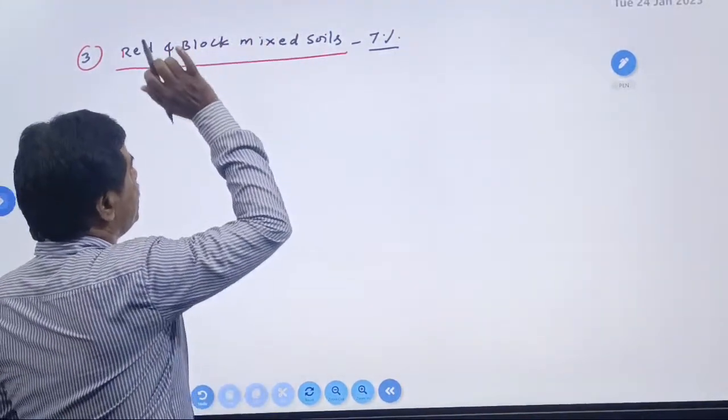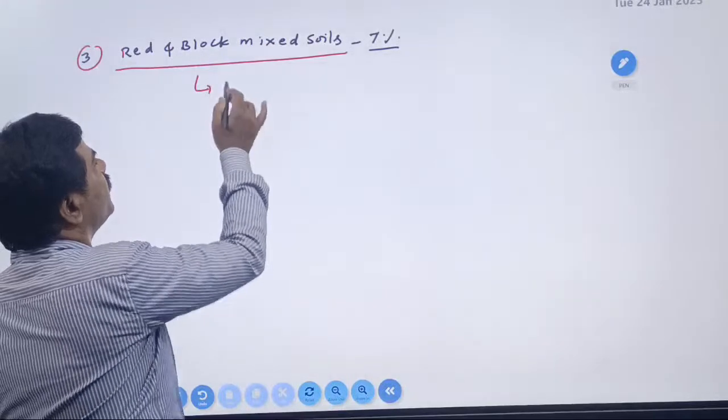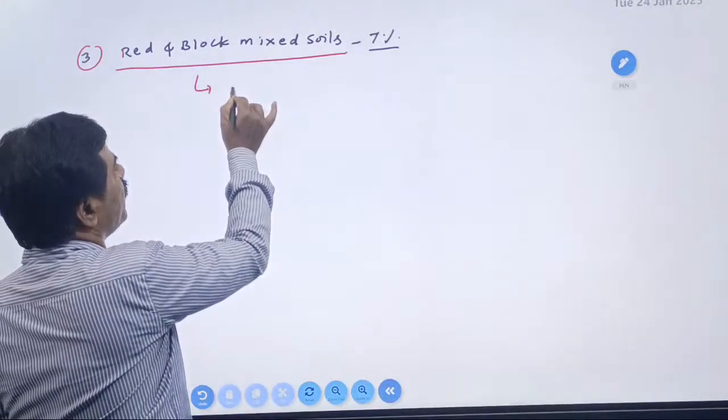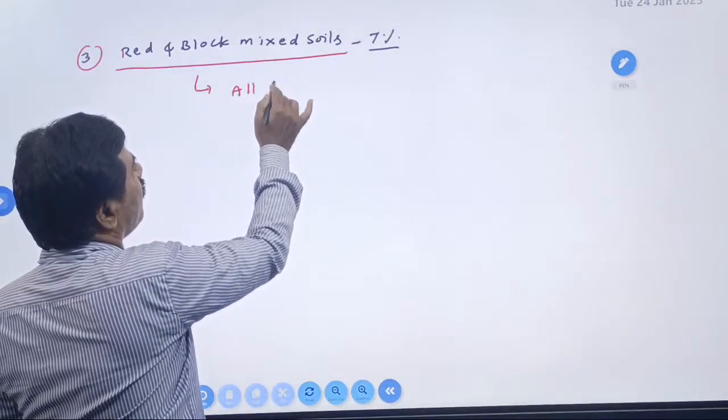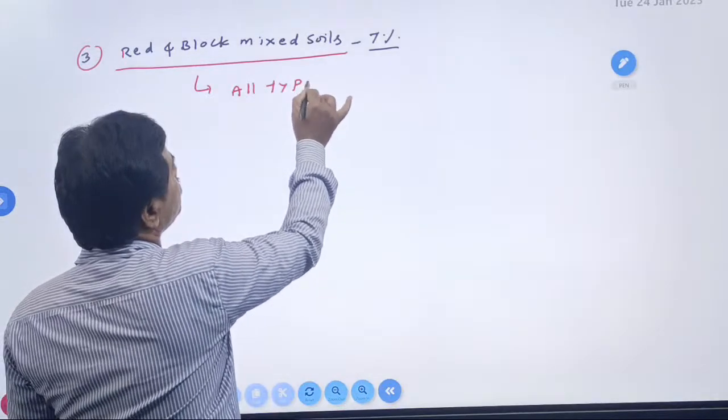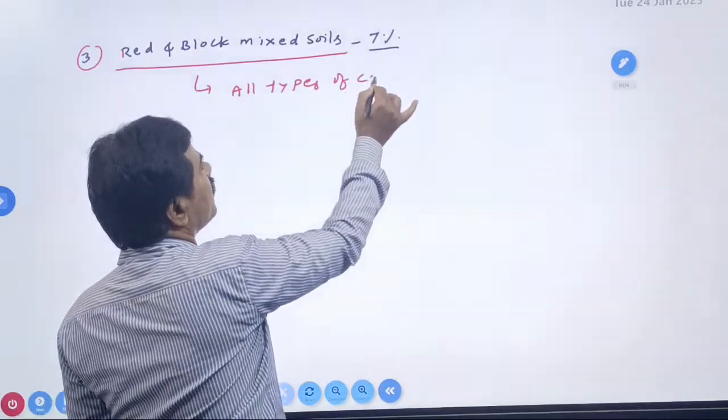This mixed color includes all types of colors.